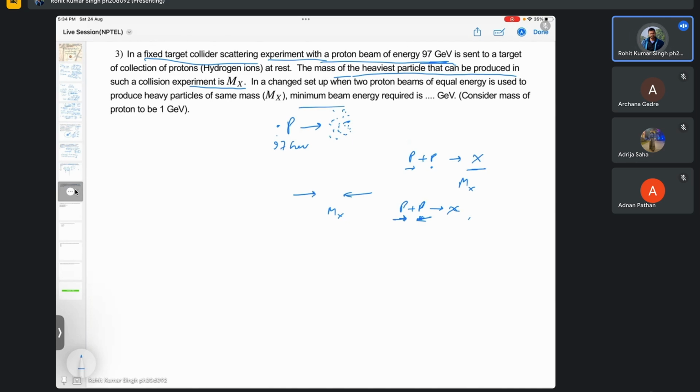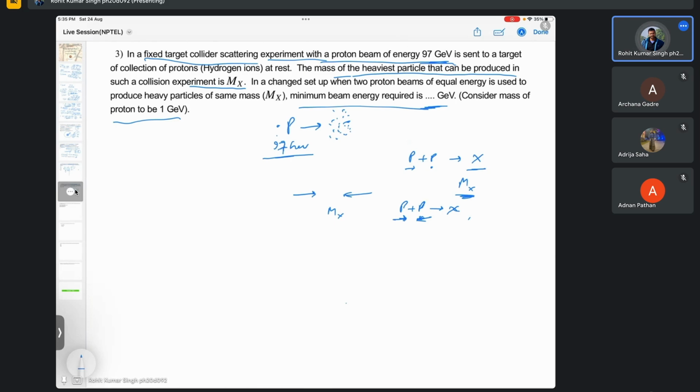So the minimum energy required is what? Here you required 97 GeV in one proton beam to create this particle of mass mx, and we can consider the proton to be of 1 GeV mass.